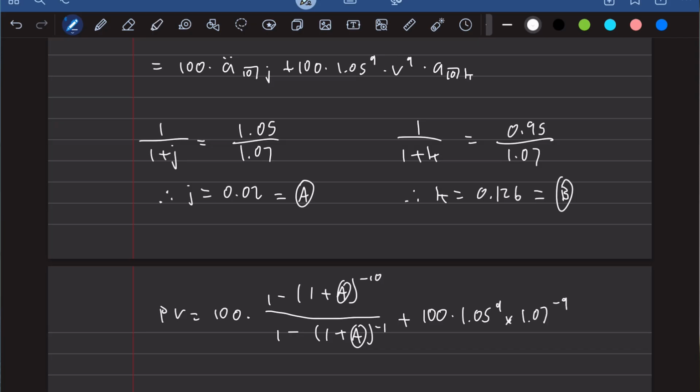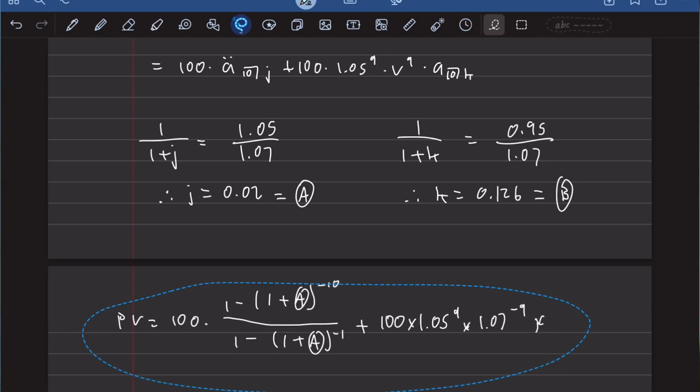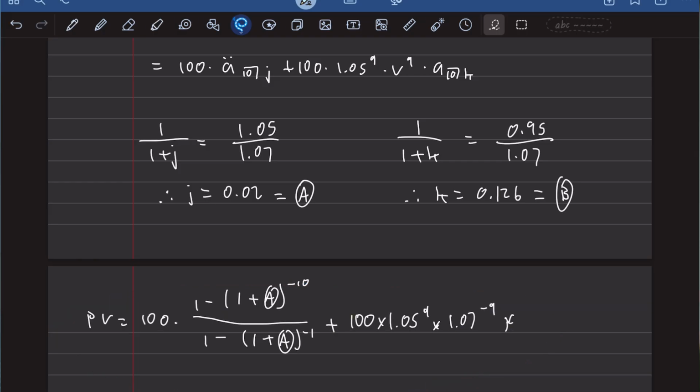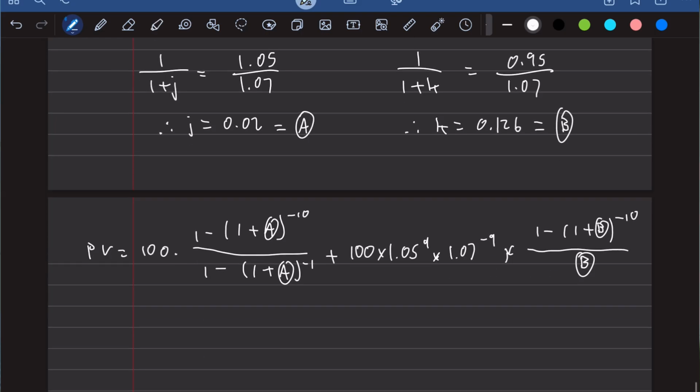Times, so now we need the annuity formula in arrears. So it will be 1 minus 1 plus, and remember at a rate of K, so I'm going to use B, to the -10 all over B. Okay. And when you plug this into our calculator, I get 1,384.65, and that should be your final answer.